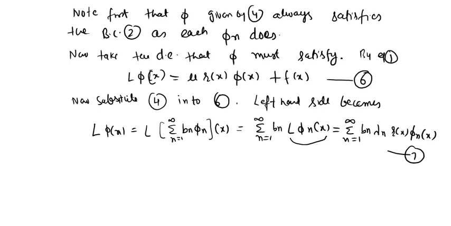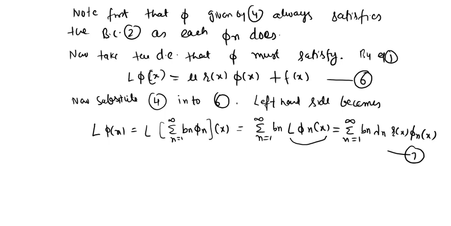Okay, so now if you see equations 6 and 7, in 6 mu r(x) phi(x) contains r(x), and also the left hand side, which is 7 now, has r(x), but in 6 f(x) doesn't have r(x).